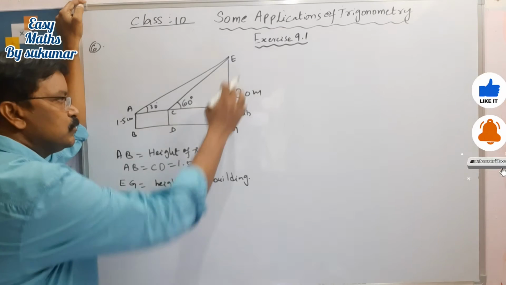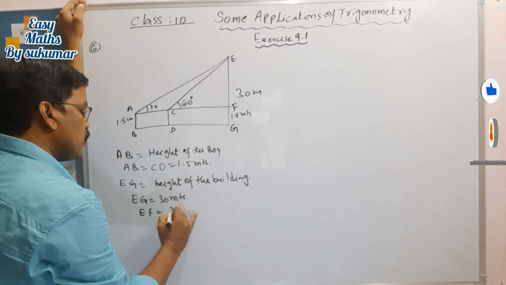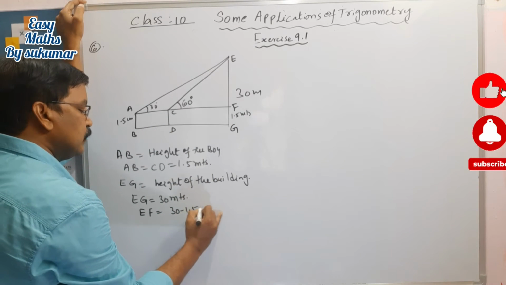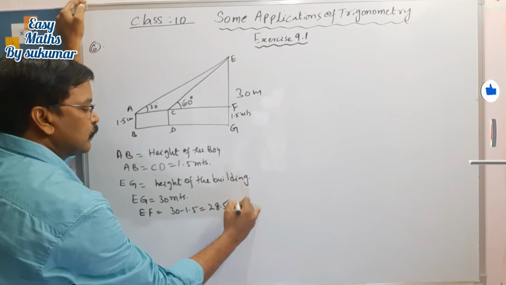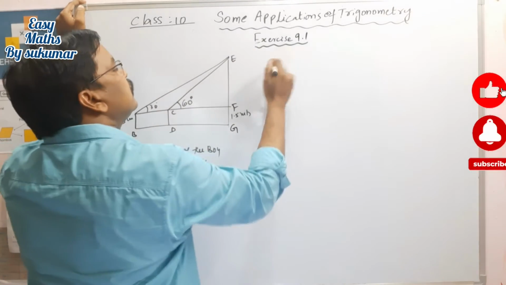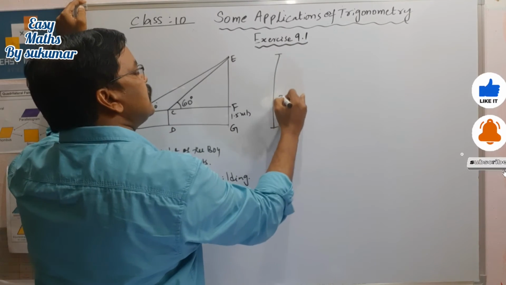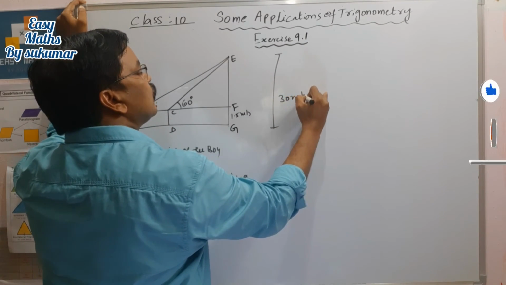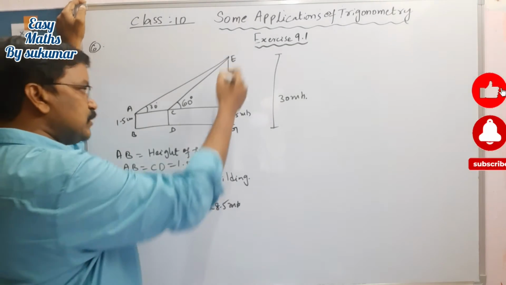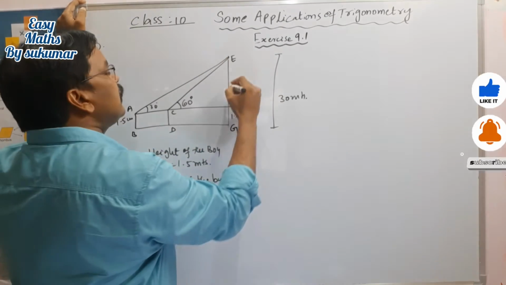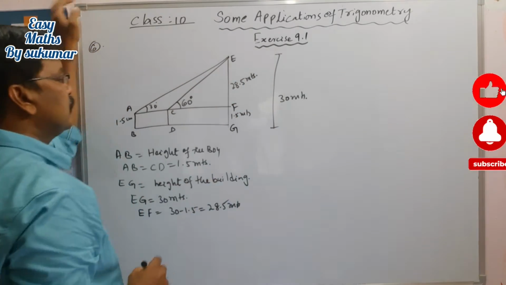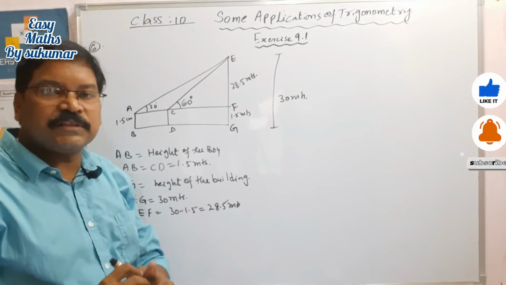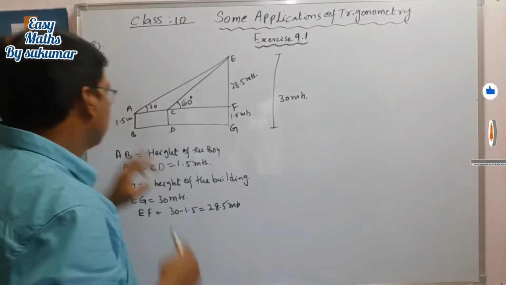EF is equal to, just subtract 1.5 from 30, that is 28.5. So the actual height of the building is 30 meters, but the length of only EF is 28.5 meters.